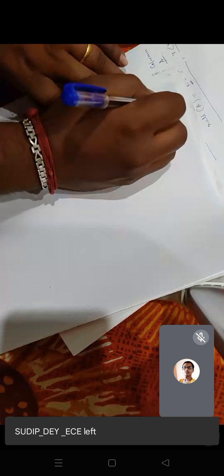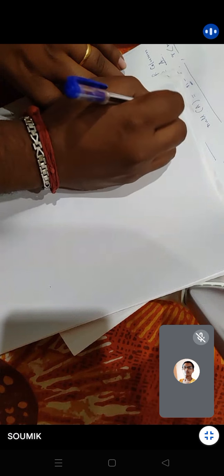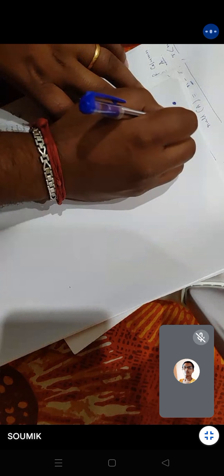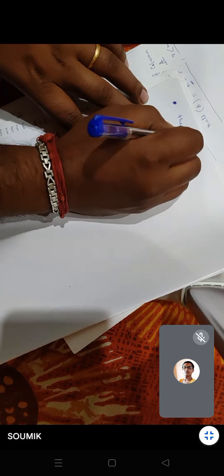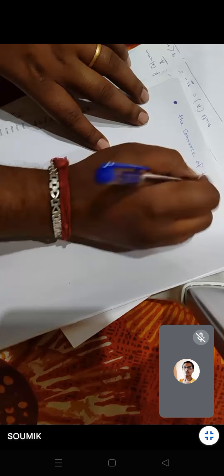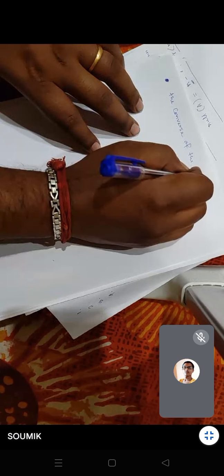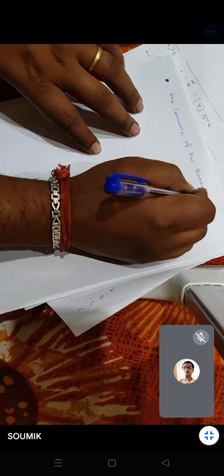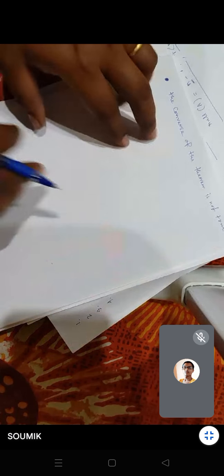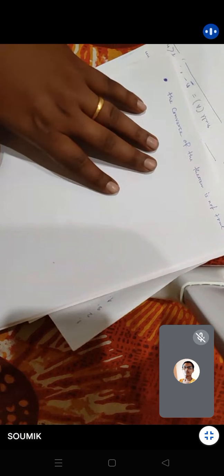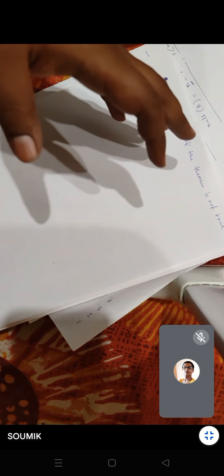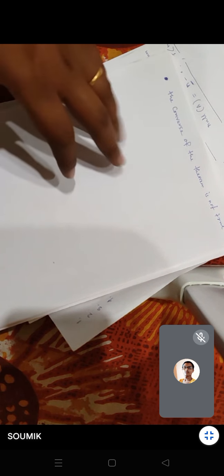Next, the important note is that the converse of the theorem is not true. That means f' is 0, but that point is not an extremum point.